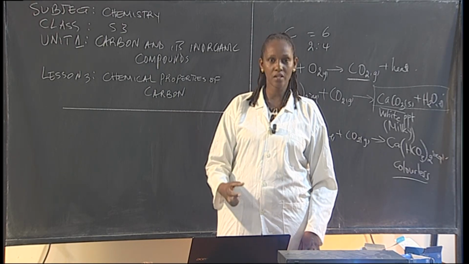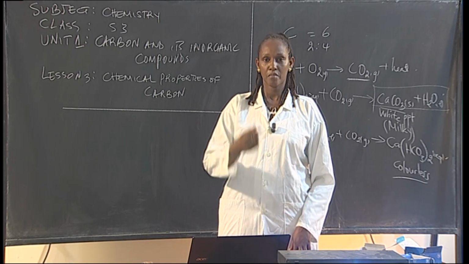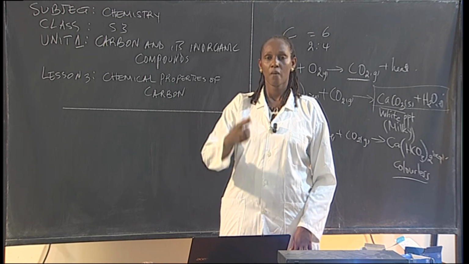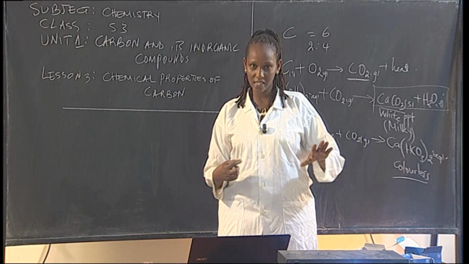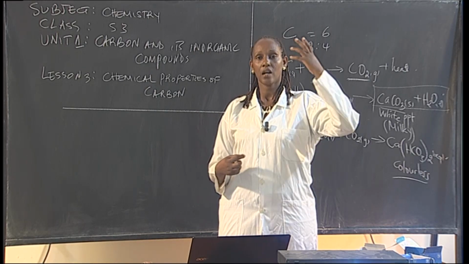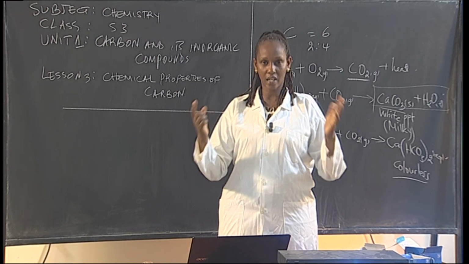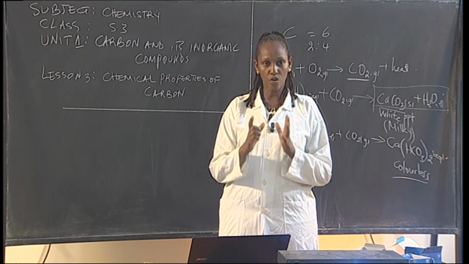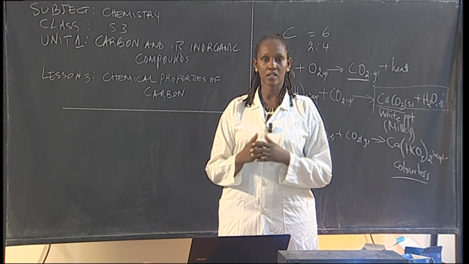And we confirm there a milky state, as it is indicated there. So you see the calcium hydroxide, which was colorless, becoming a white precipitate or a kind of milky color. And there you confirm that the gas that was produced is carbon dioxide.